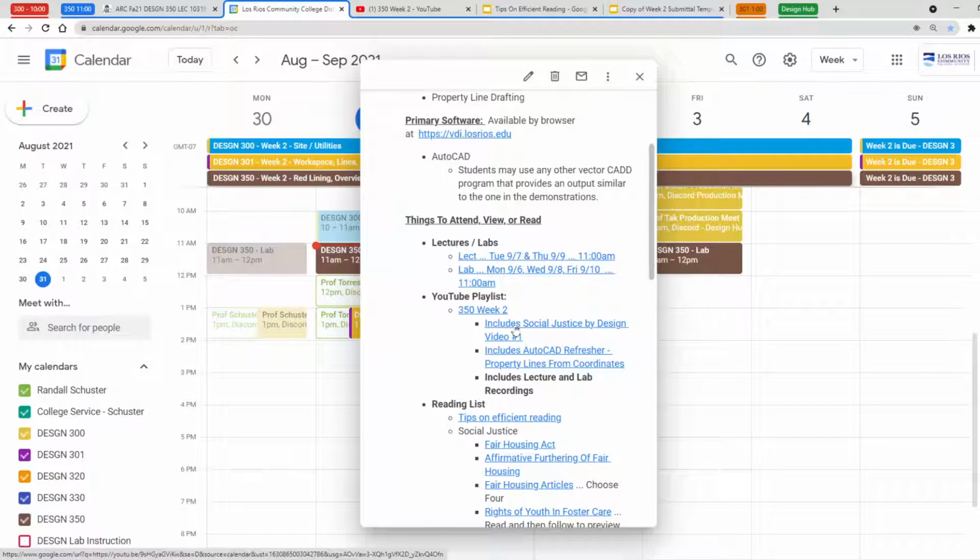Otherwise, you might be going, this is a load. Why am I working so hard? What's that all about? Why is it there? This gives you a good background about what we're talking about when we start talking about the Fair Housing Act and affirmative furthering of fair housing. That is federal law, which means that our California law aligns with it, which means that our housing and planning acts align with it.